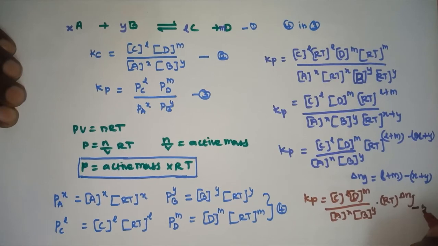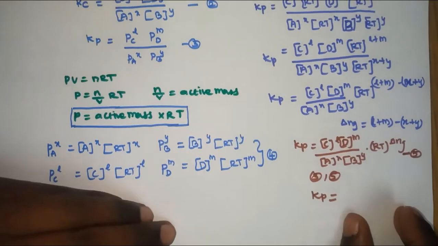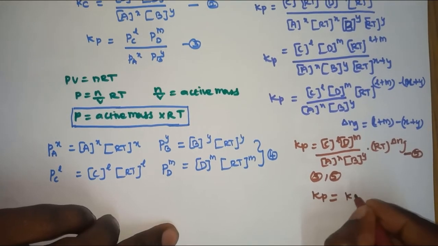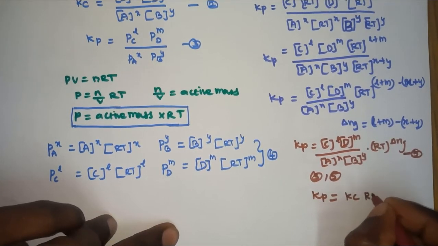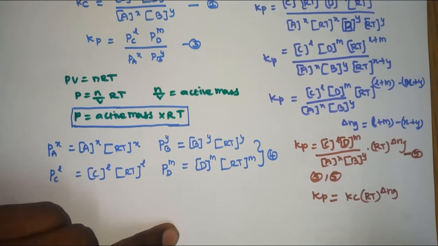This is equation number 5. Compare equation number 3 and 5, we get Kp equal to Kc into RT power delta Ng. This equation gives the relationship between Kp and Kc for an ideal gas.